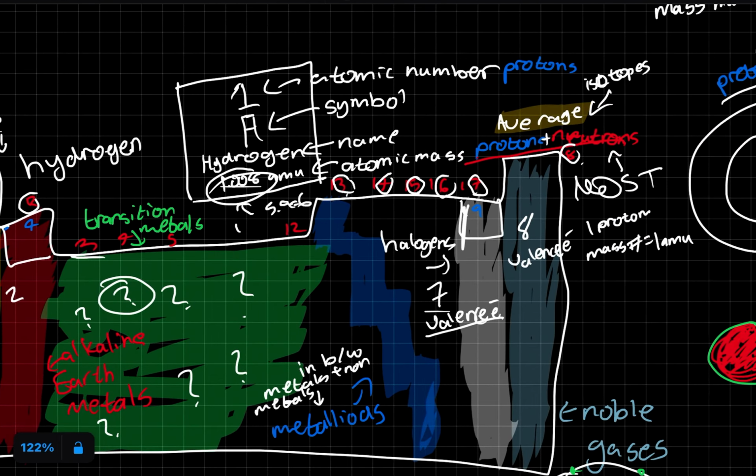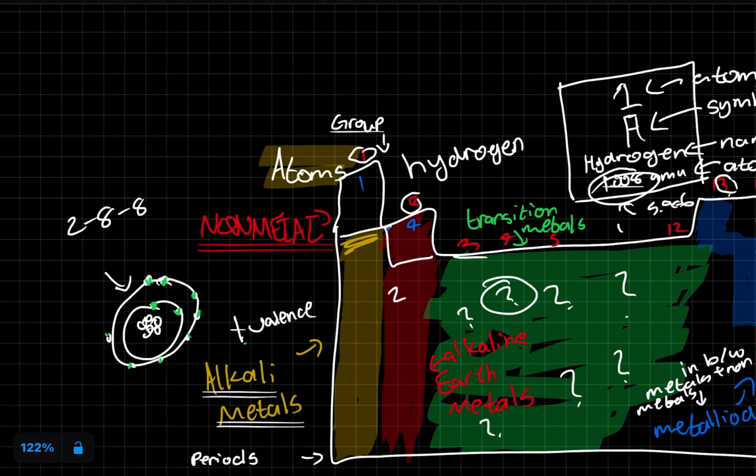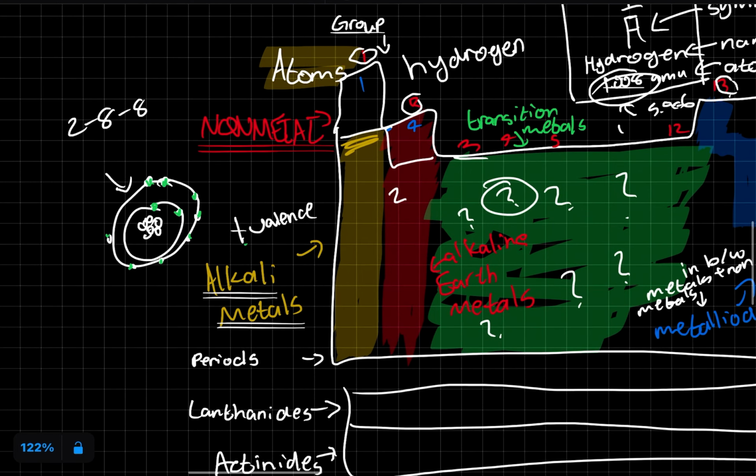Protons determine the identity of the atom, but valence electrons determine their characteristics and whether or not they want to bond, how much they like to bond, and whatnot. Periods don't really tell you much. They tell you how many shells there are. The first period has 1 shell, the second period has 2 shells, and whatnot.